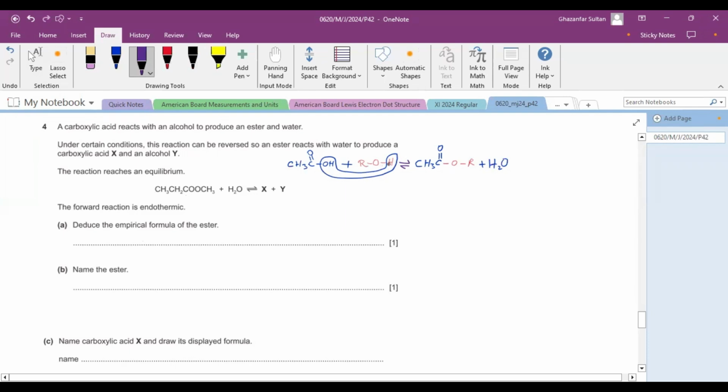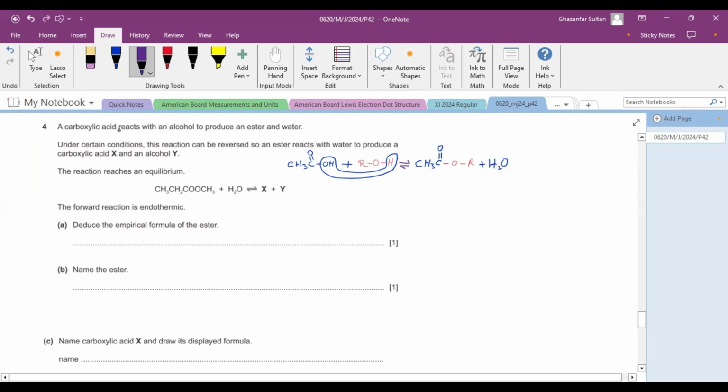So by observing this equation, you can't say it is an acid-base reaction. This is not an acid-base reaction. At this level, I cannot explain it to you. Then you will learn it in your higher degree.